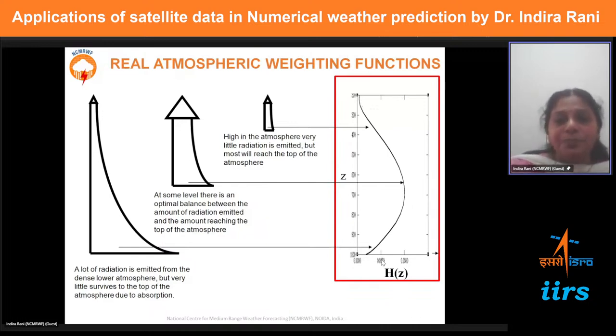If you see the weighting function, in the bottom region we have a lot of radiation emitted from the dense lower atmosphere, but very little survives to reach the top of the atmosphere.